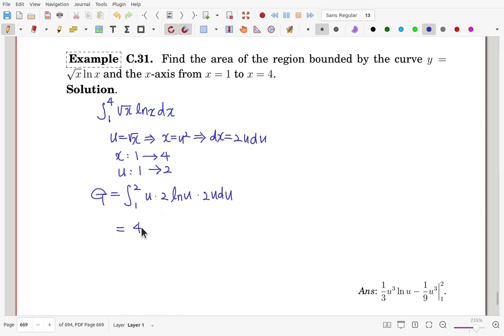So that 4 can go out, and from 1 to 2, and that is the same as u squared, and then logarithm u and du. By using, again, integration by parts, you can get the answer. From now on, you can finish it yourself.